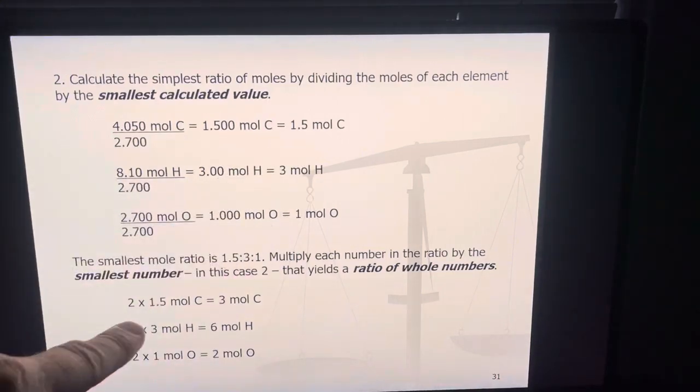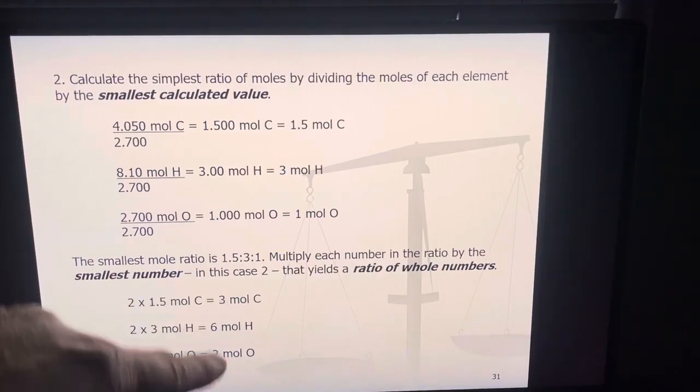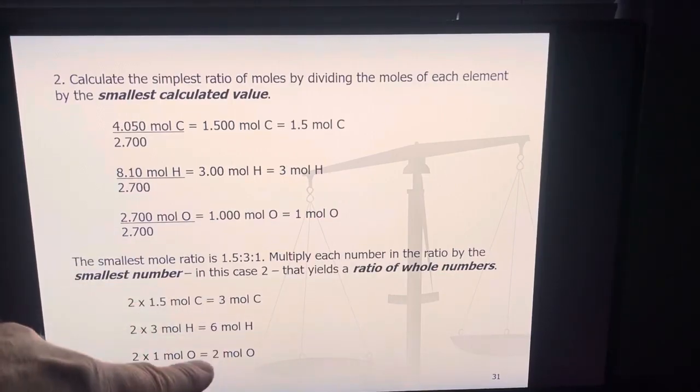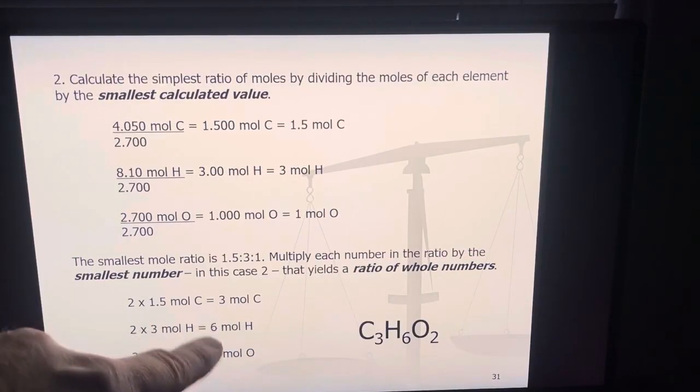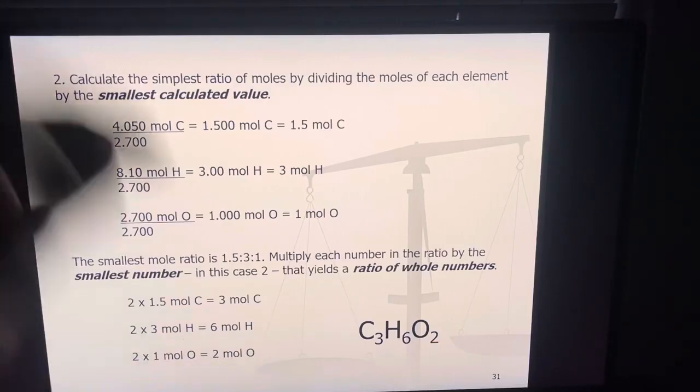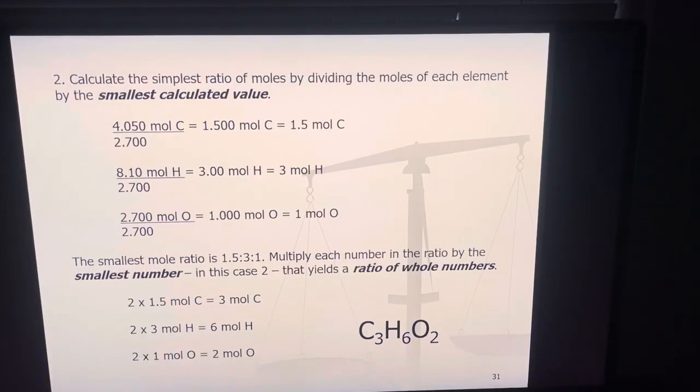So 2 times 1.5 is 3, 2 times 3 is 6, 2 times 1 is 2. So these are your actual numbers, your subscripts that you're going to use in your empirical formula. And so the answer is C3H6O2. That's the empirical formula for this substance. And that's how you determine empirical formula.